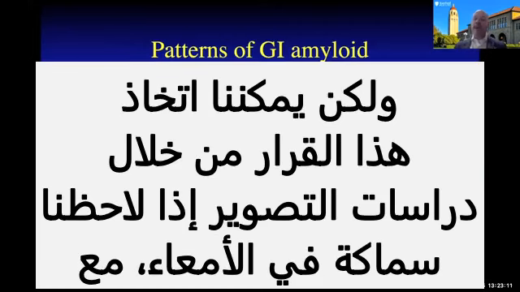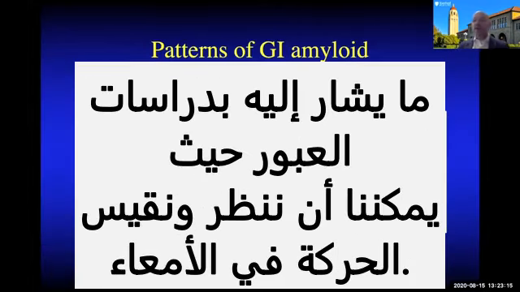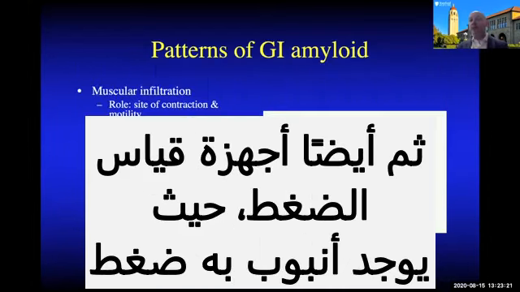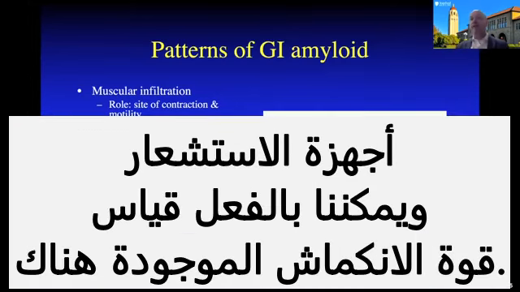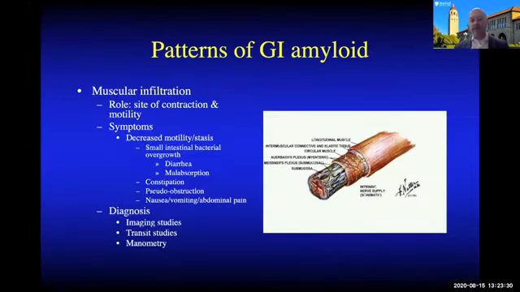But we can make that determination with imaging studies if we see gut thickening, with what's referred to as transit studies, where we can look and measure the motility in the gut, and then also manometries, which are where there's a tube that has pressure sensors, and we actually can measure the contraction strength that's there.